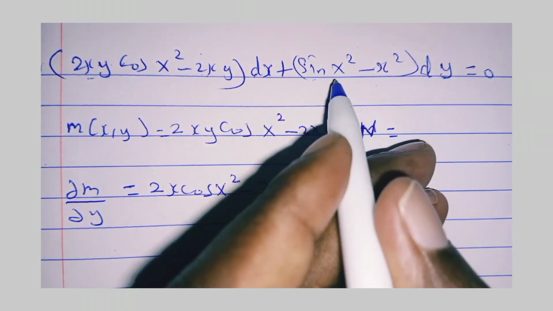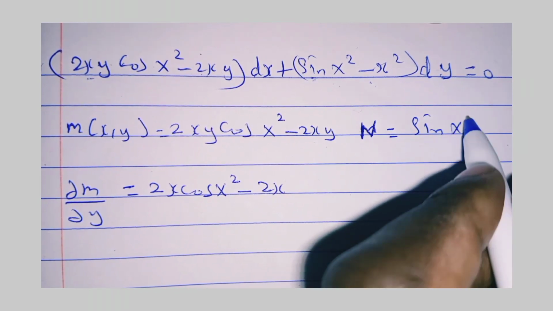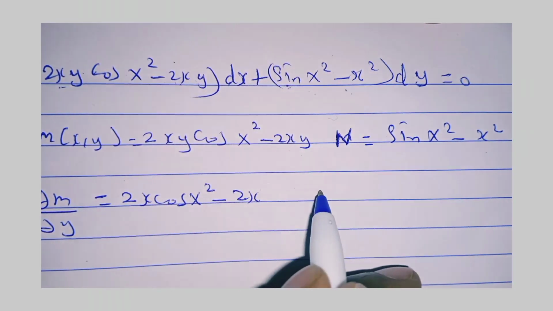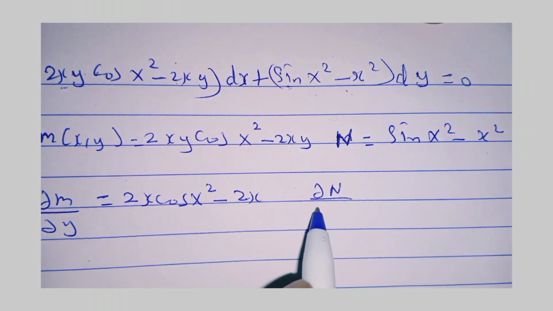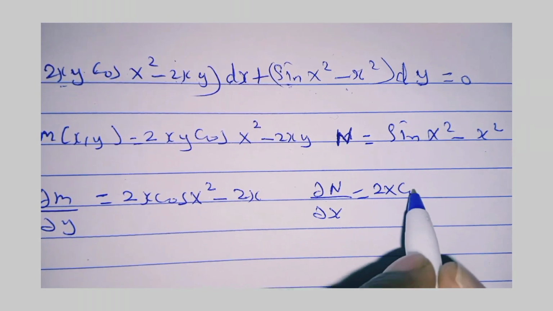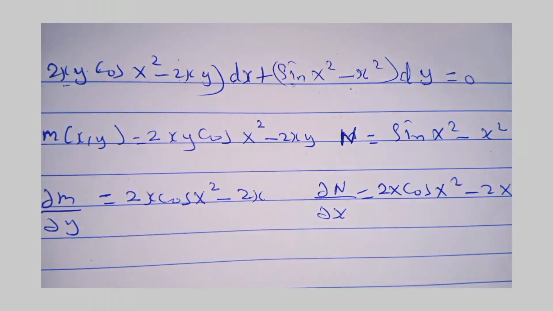Then our N is the function where dy is, sin(x²) minus x². Then we get the partial of N with respect to x, which gives us 2x cos(x²) minus 2x.